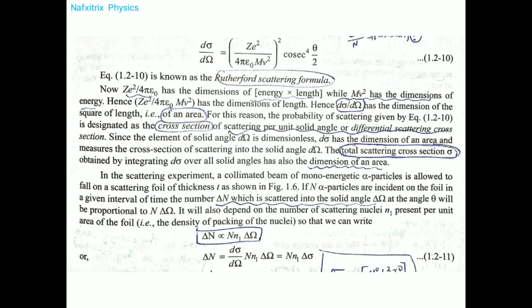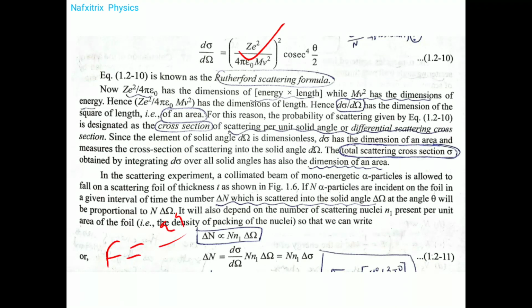And again what they are saying is that this would have the dimensions of area. So the Rutherford's scattering formula is having the dimensions of energy and length. We know that force is nothing but 1 by 4 pi epsilon naught q1 q2 by r square.